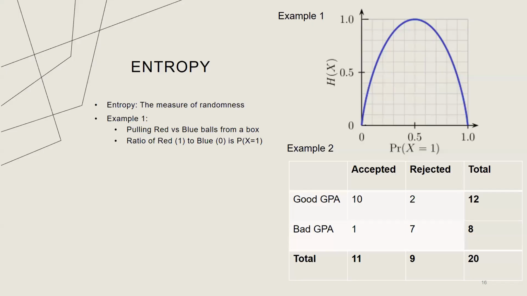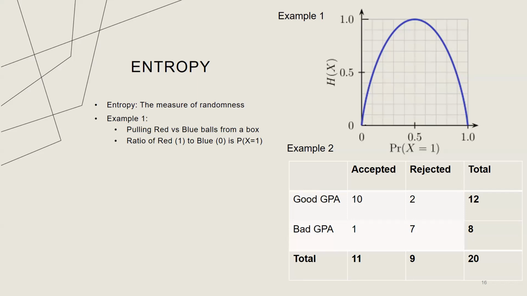So entropy. Entropy is essentially just the measure of randomness. One thing you can think about is pulling a bunch of red or blue balls from a box or a bag, right? So if we have 10 balls in total and all of them are red, if we pick one ball out, it's a guaranteed chance of getting a red ball, right?